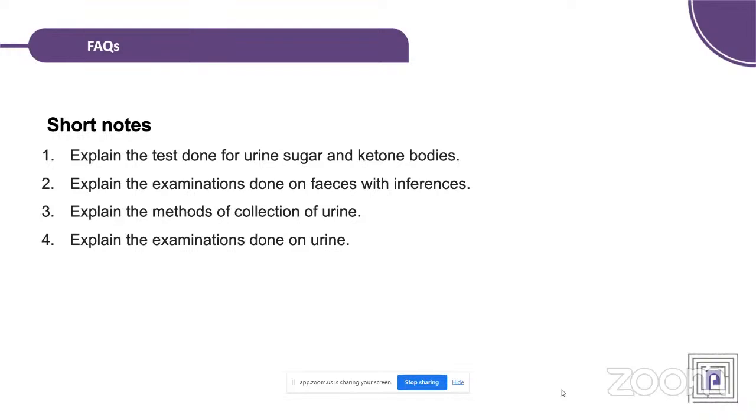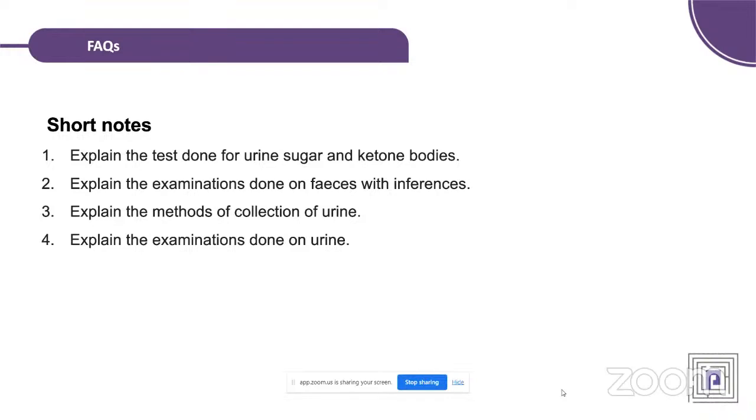And the next question will be: explain the examinations done on feces with inferences. So what is the main test you do for feces? Basically, you will examine feces for any parasites. The basic thing behind examination of feces is parasites.